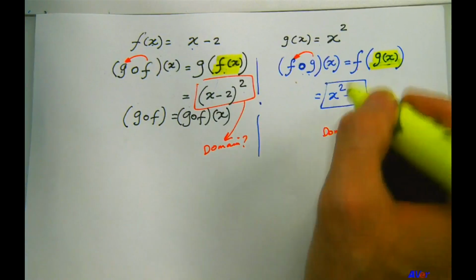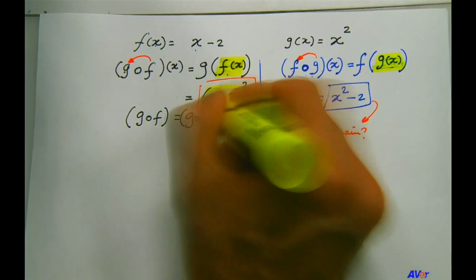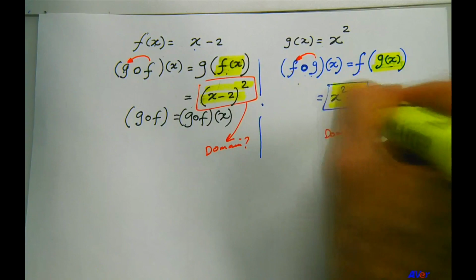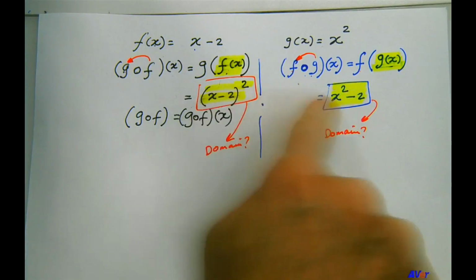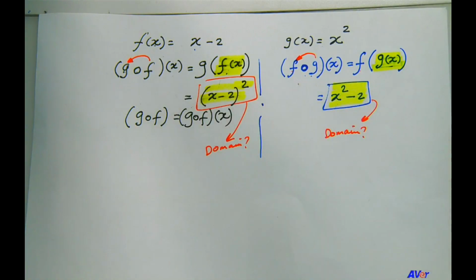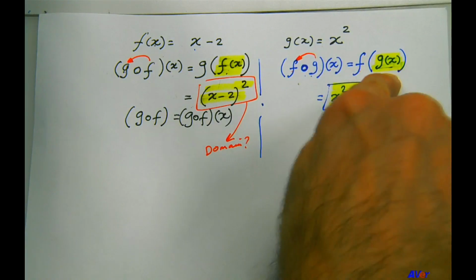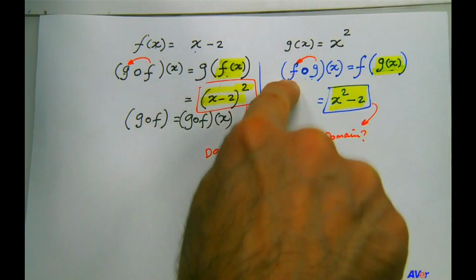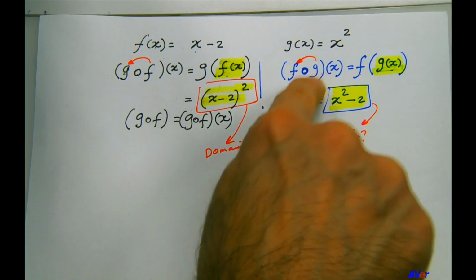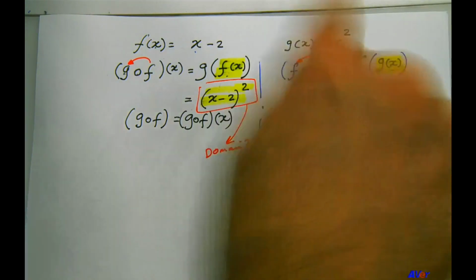So the domain of this composite function should satisfy not only the composite function itself, which is obviously the case, but also the domain of the function that was embedded or replaced inside the other function. It should satisfy the domain of g, because it was g that was replaced in f.